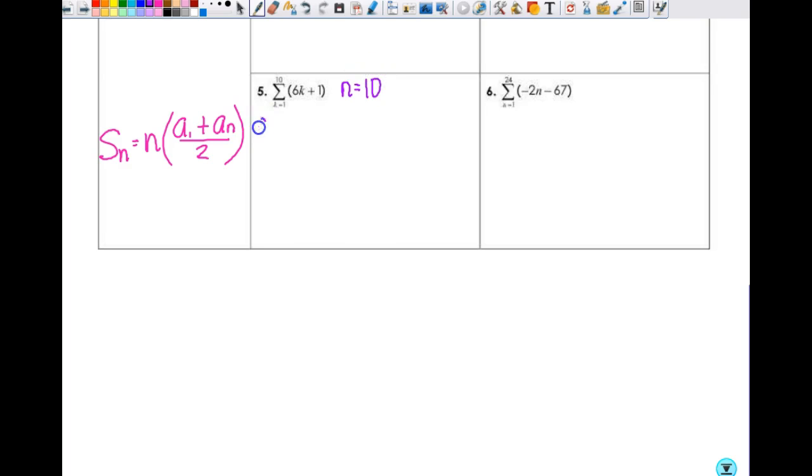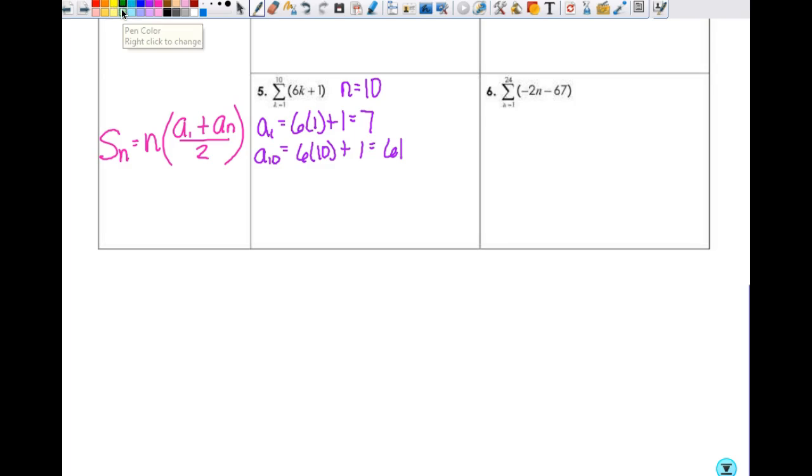Okay, I need to find a1. I do that by doing 6 times 1 plus 1. So that's going to give me 7. Since they already gave me the rule to find a10, that's going to give me 6 times 10 plus 1, which is going to be 61. So when they give us the rule, we don't have to come up with the rule ourselves, which is basically what we were doing there.